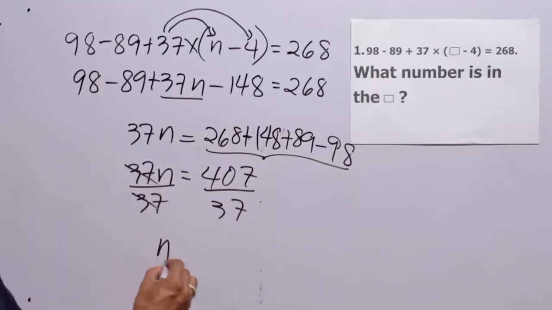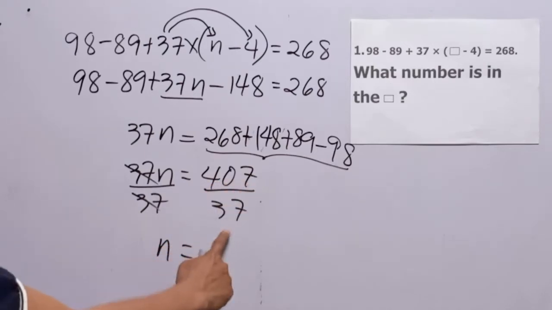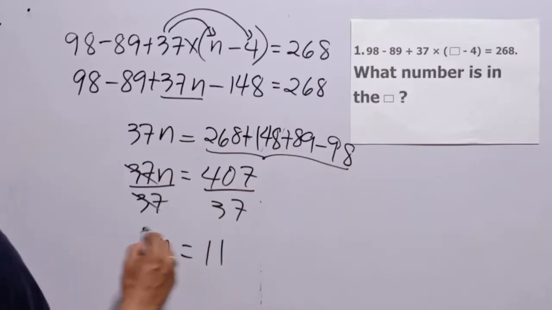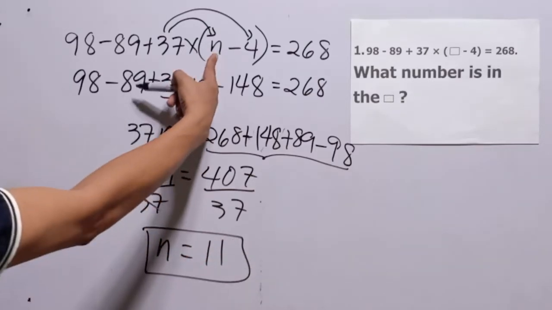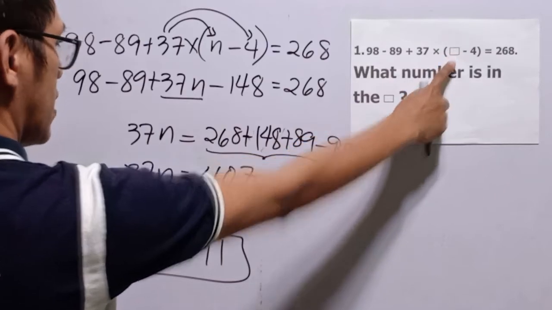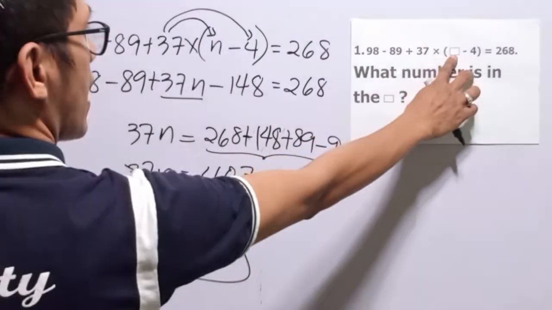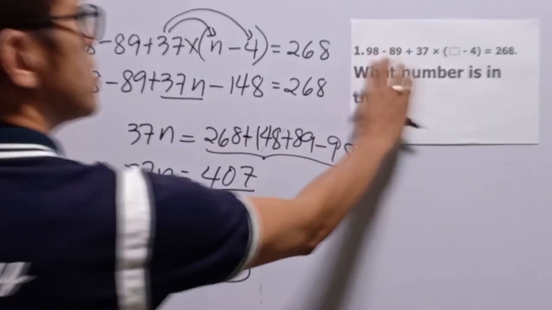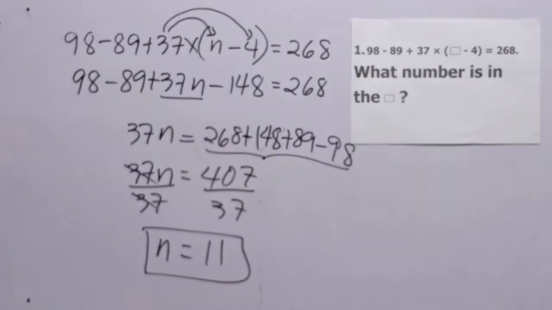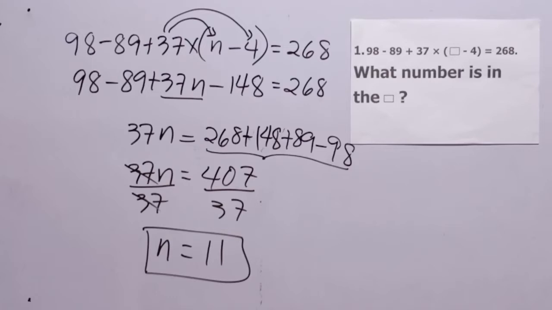So the value of n equals 407 divided by 37, and that will give you 11. So the missing number here is 11. If you check, it will give you 268. So our answer for number 1 is 11.